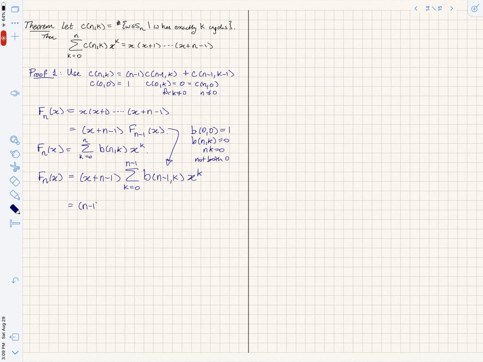I'll take the n minus 1 one first. This is the sum, k equals 0 to n minus 1, of (n-1) b(n-1,k) x to the k, plus x is going to get multiplied in, so the sum from k equals 0 to n minus 1 of b(n-1,k) x to the k plus 1.